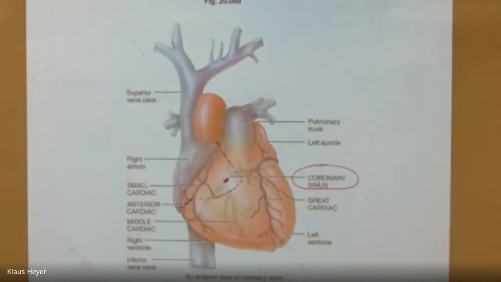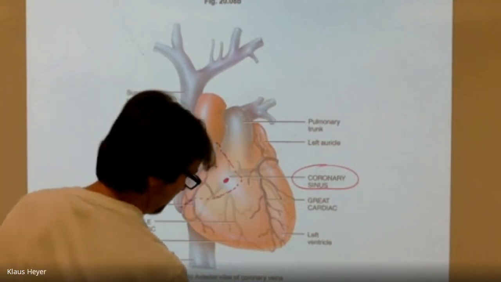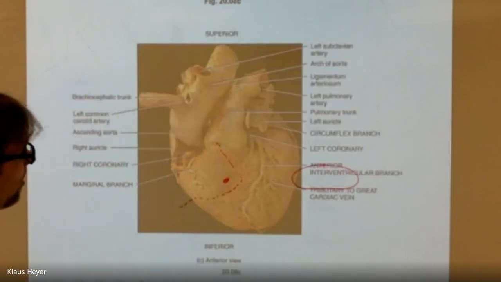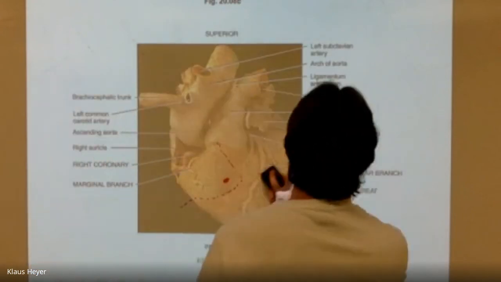So let me just see if I can show you if they got a picture of the regular heart. Anyway, that's all going back in. There's a picture of a heart, like an actual heart.